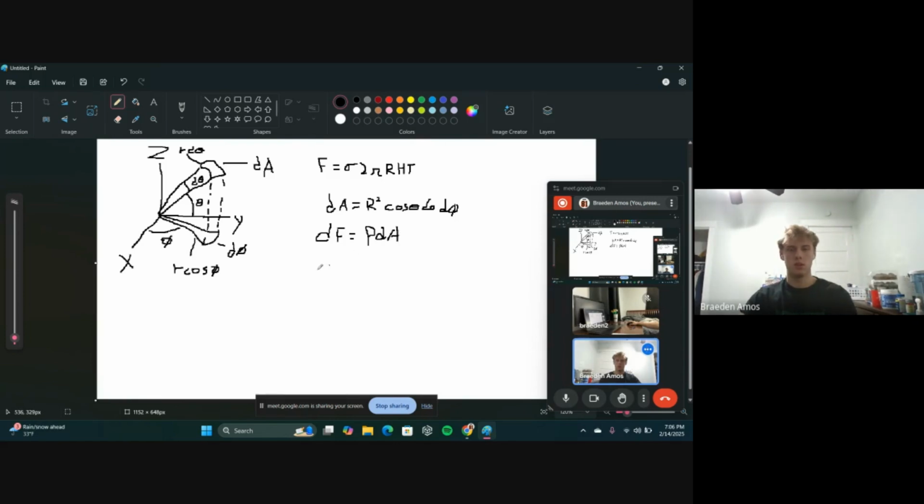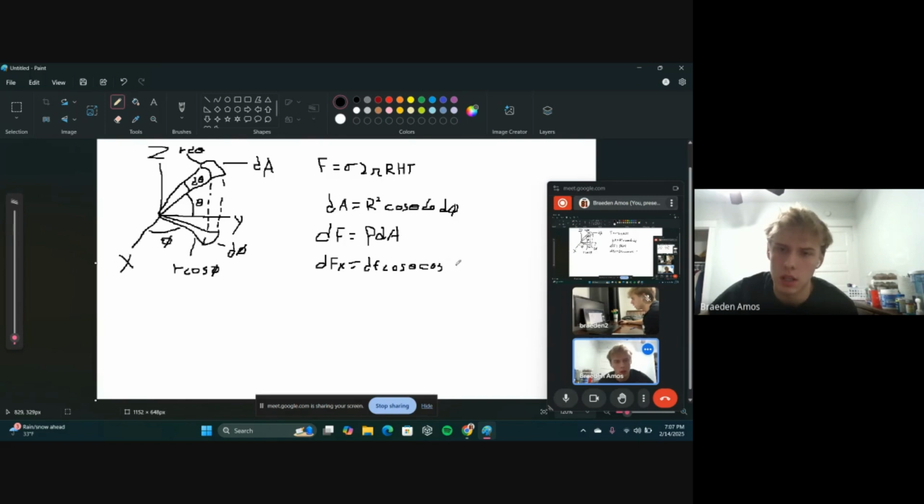And then we have dFx, which is equal to dF times cosine theta times cos of phi.